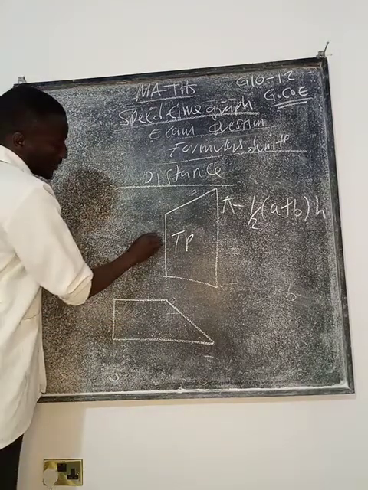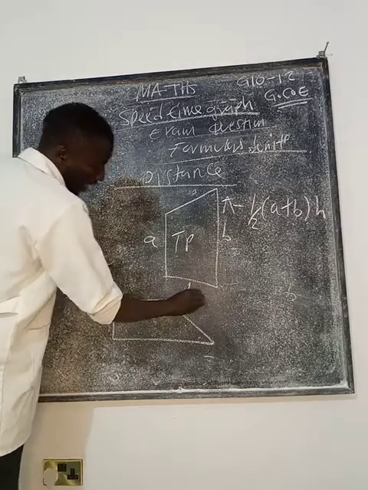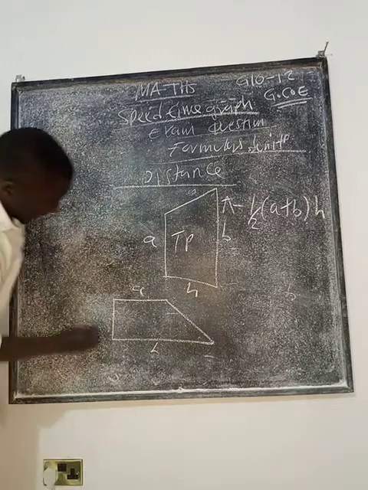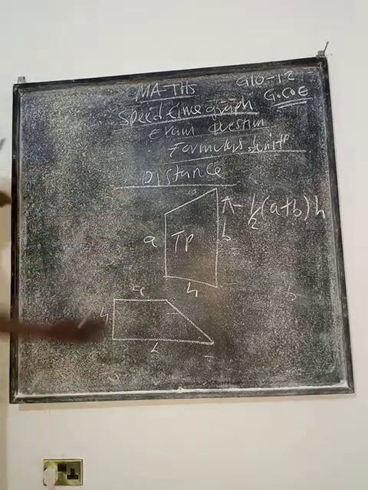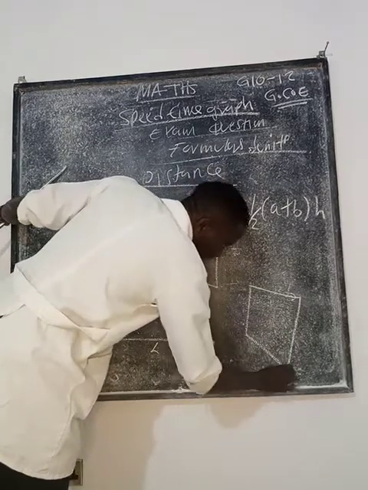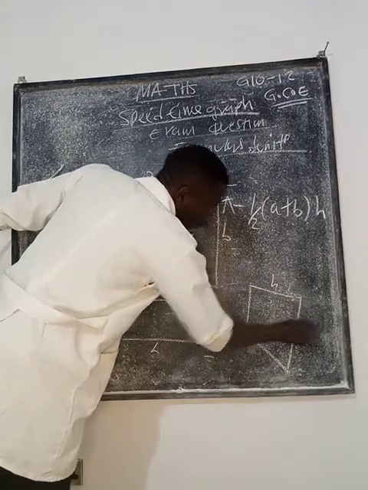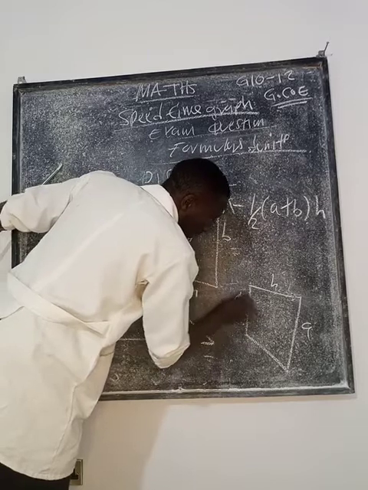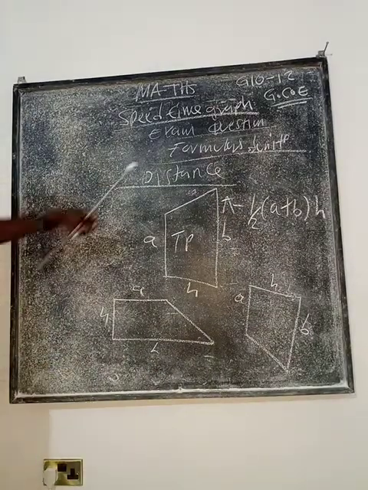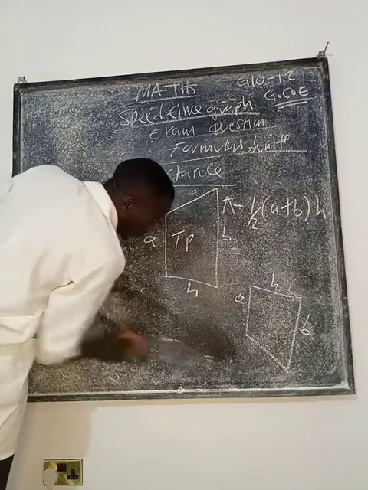Our A is this, our B is this, and this is our height. It will just be rotating. So if I do this, this will be my height, and this will be my B.